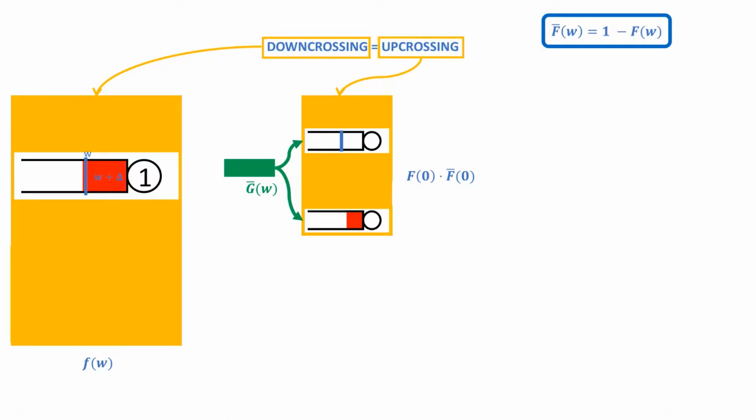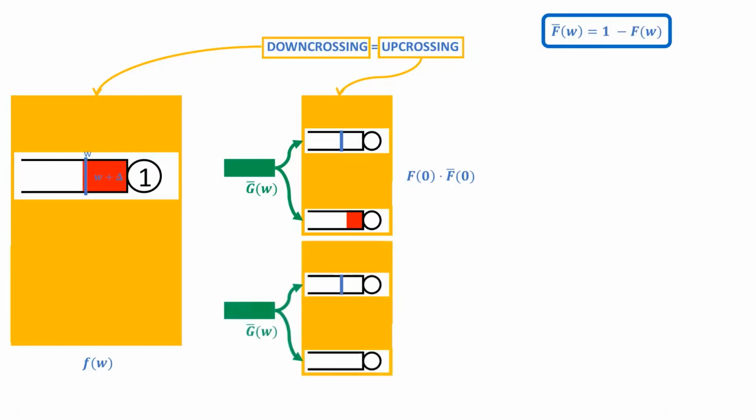That is, F bar of W is 1 minus F of W. For the second case, we have a probability of G bar of W that the job size exceeds W. Then a 1 over 2, as we only have a 50% chance of assigning the incoming job to the cavity queue, and F of 0 squared, as both the cavity queue and the other selected queue must be empty.